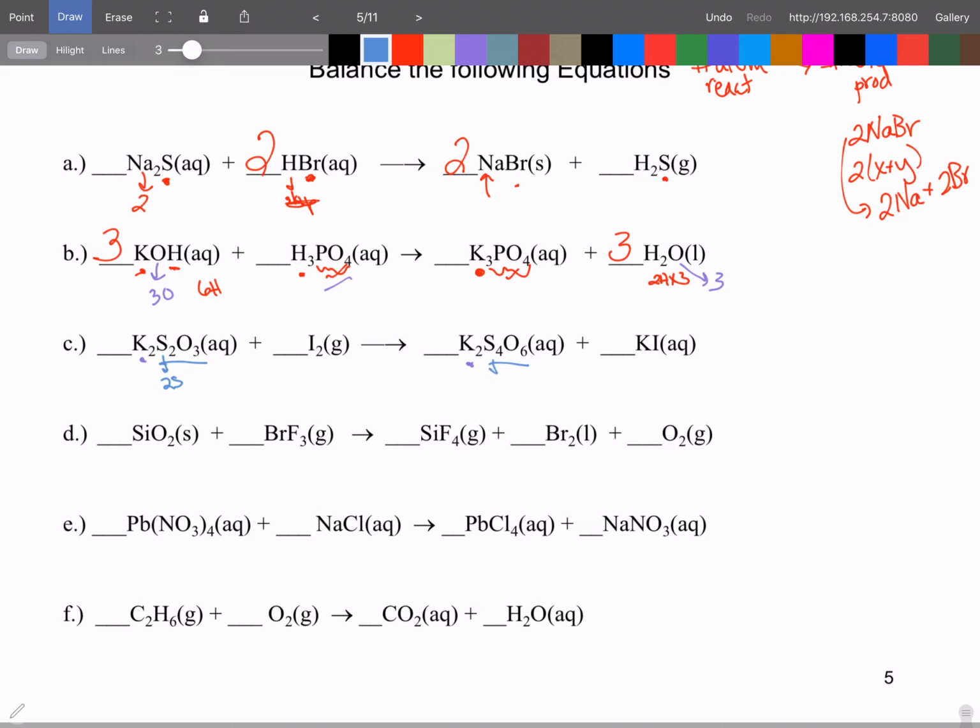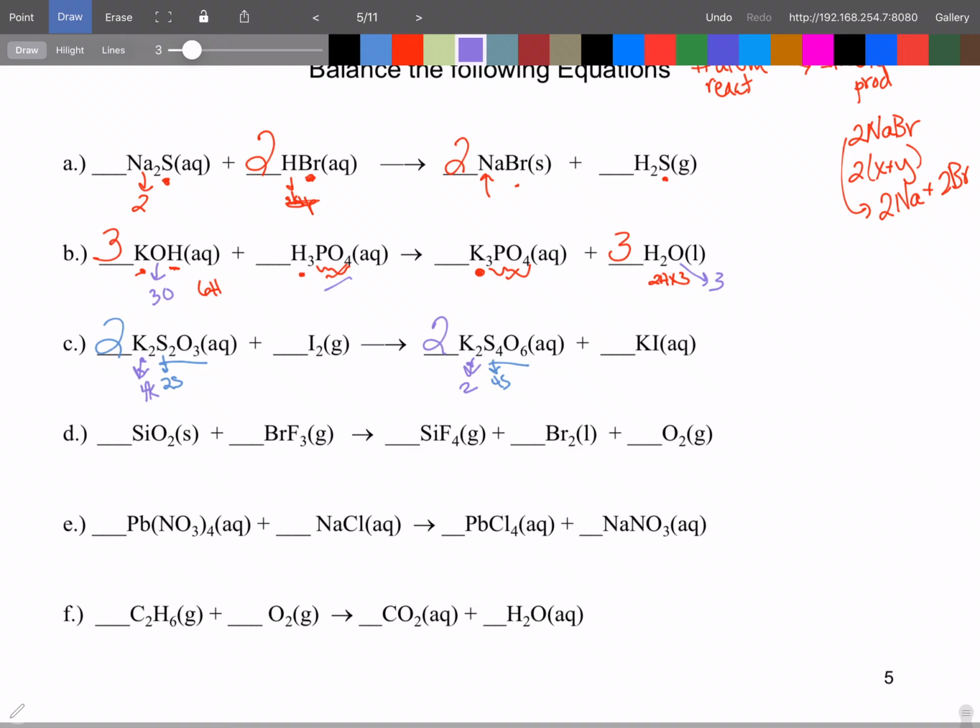This one has 4 sulfurs. So we're going to need to multiply this by 2. Well, having done that, we've got to go back and look at the potassium, because now we have 4 potassiums. So we have 2 potassiums here, so this needs to be multiplied by 2.